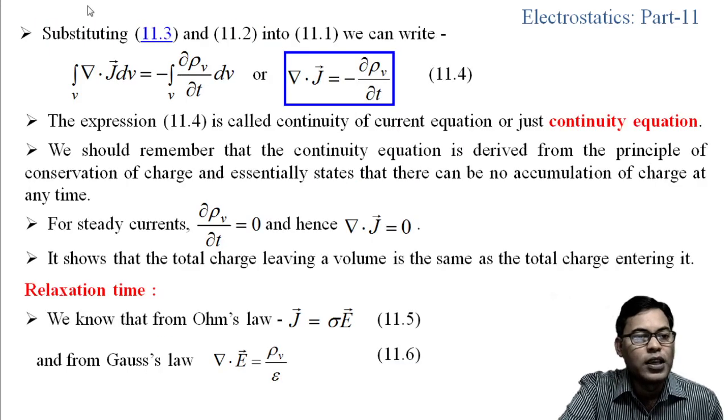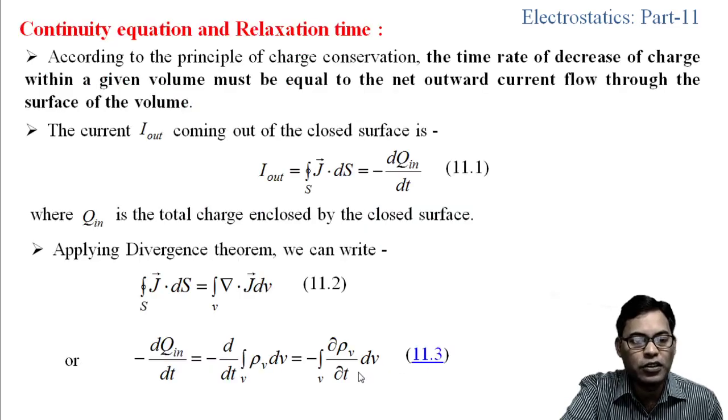Now substituting expressions 11.3 and 11.2 in equation 11.1, we get the volume integral of del dot J dv equals minus the volume integral of the partial derivative with respect to t of rho v dv.